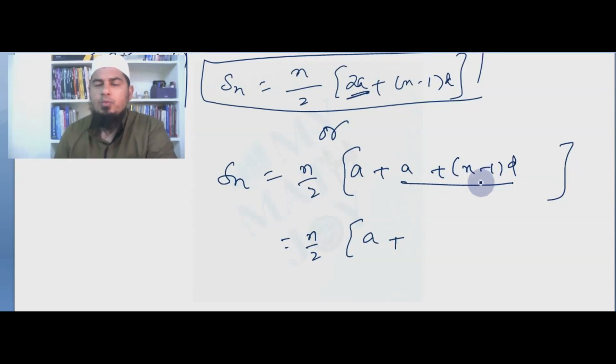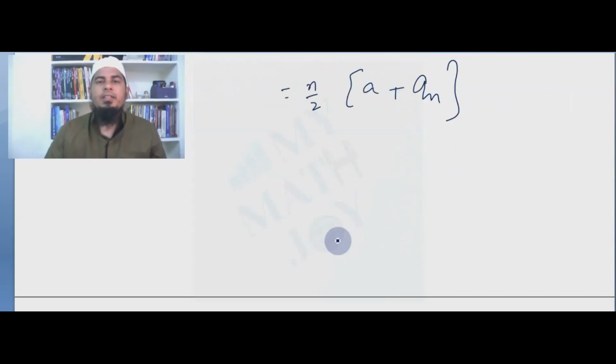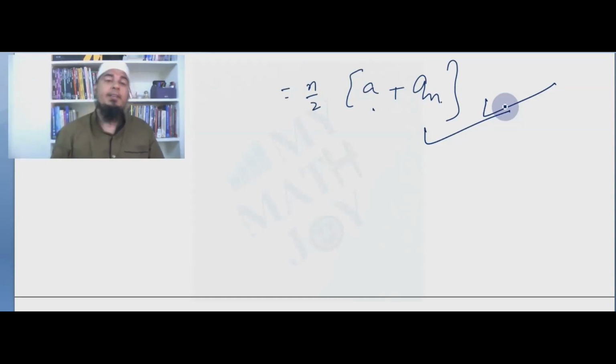A plus n minus 1d is the formula for an. So here comes the smallest formula, that is the sum of first term plus last term multiplied by n by 2. N is how many terms there are, divided by 2, and the sum of the first and last term gives the actual sum of all the terms of the AP.